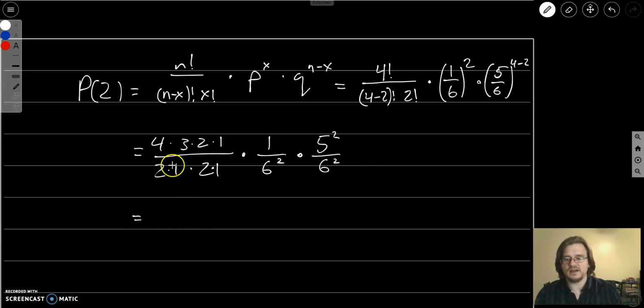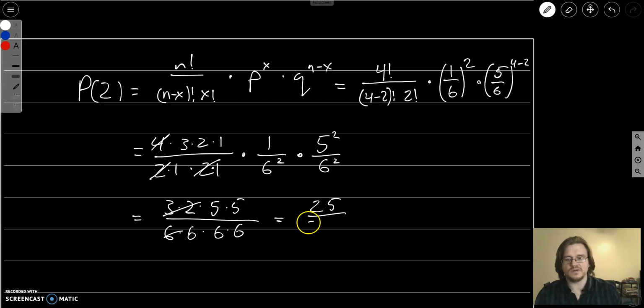Simplifying some more, the 2s will cancel out with this 4, and then we can multiply all this together to get 3 times 2 times 5 times 5 over 6 times 6 times 6 times 6. I can cancel out a little bit more, so this is going to be 25 over 216. So this is going to be a little bit less than 1/8.